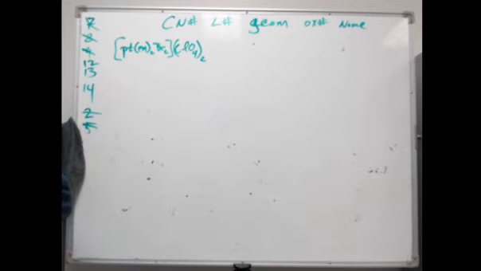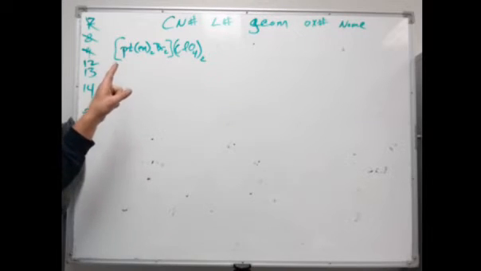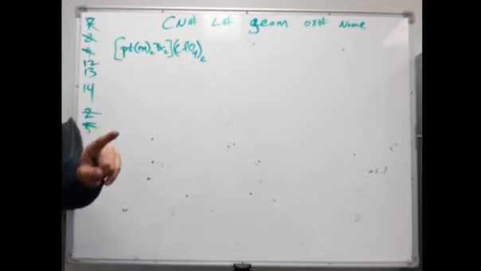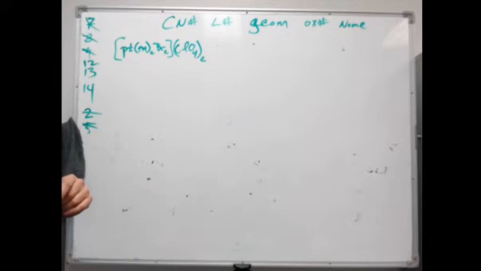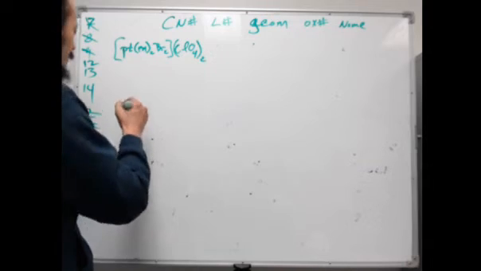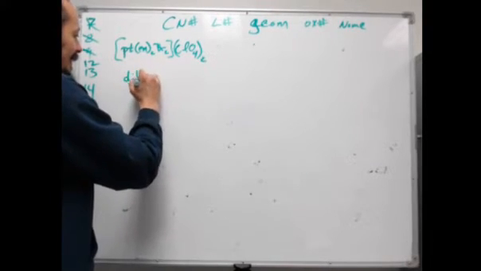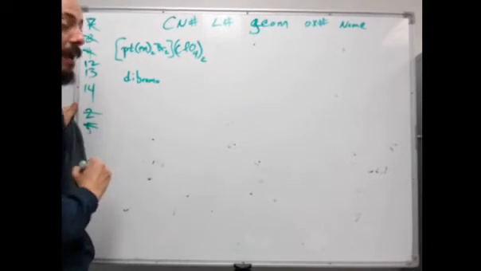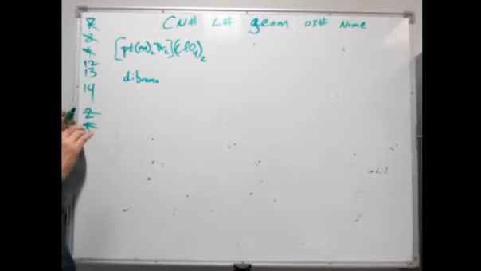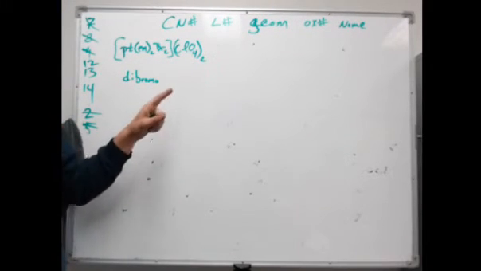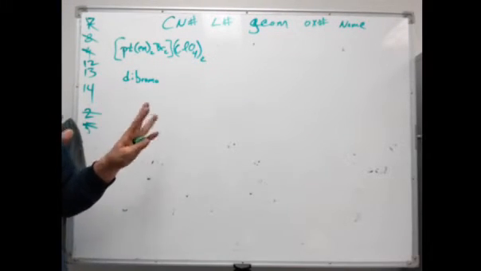So this is dibromobis(ethylenediamine)platinum(IV) perchlorate. Dibromo. Now, ethylenediamine, since it has the di in there, I can't say diethylenediamine, and it'll sound like it's 4 things.